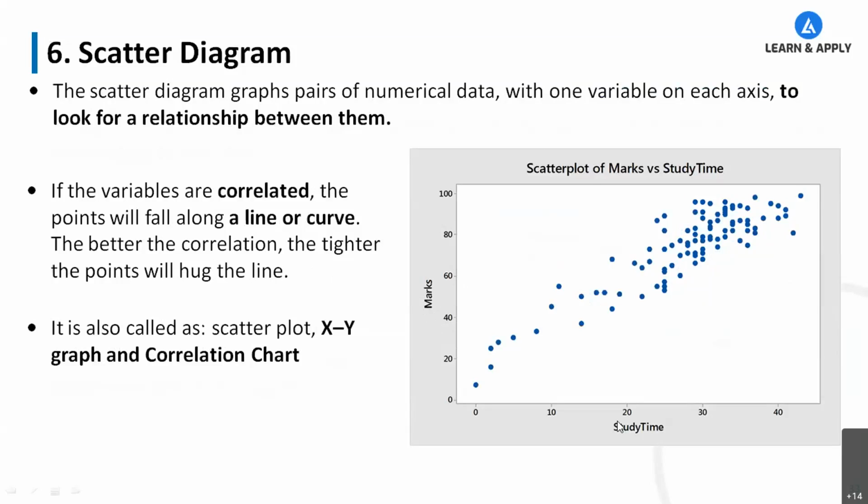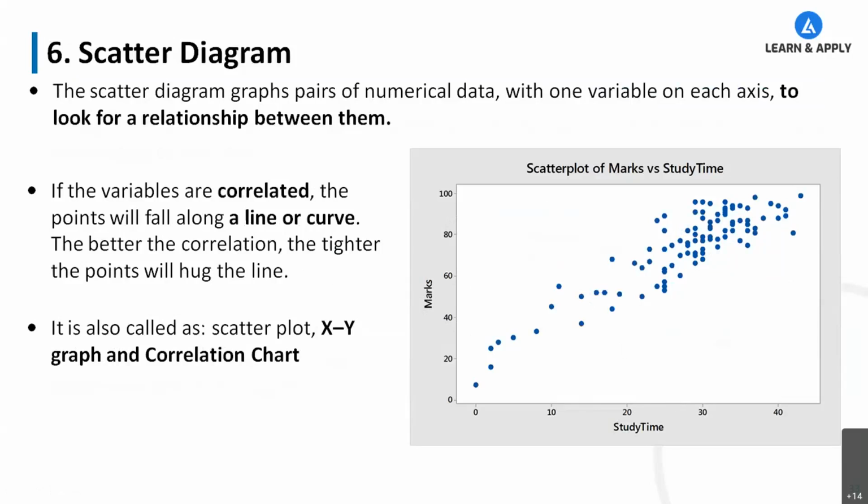This must be an experience for all of us. Whenever we increase the study time for our exam, from school days to college days, the marks also increase, keeping other things constant. Whenever we study more, we get more marks.